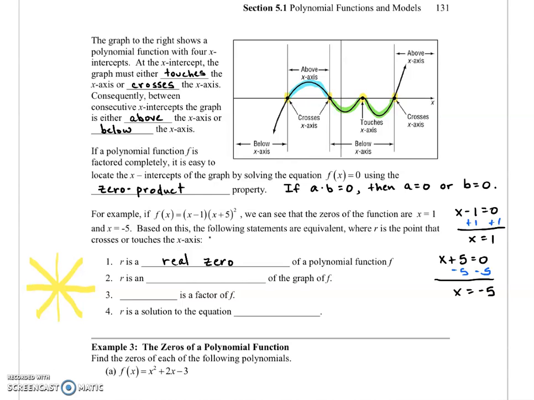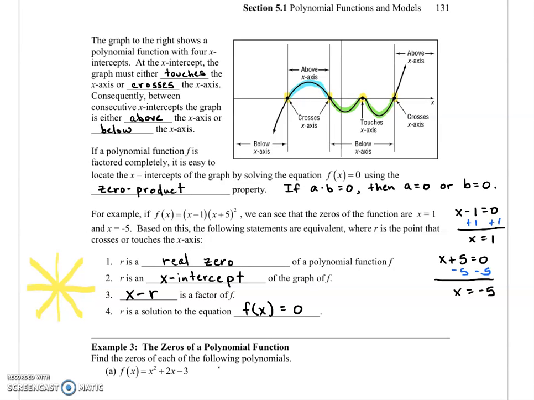That means the same thing as r is an x-intercept of the graph of f. It also means that x minus r is a factor of f. And it also means that r is a solution to the equation f of x equals 0.